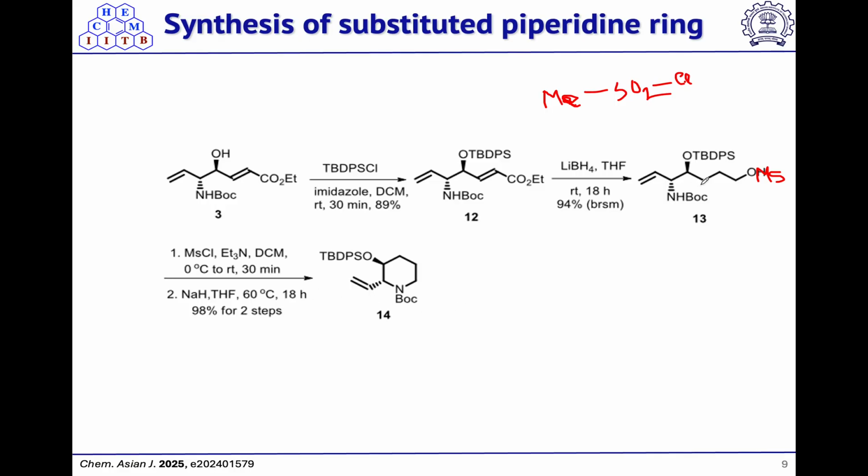Basically, sodium hydride will take a proton from this free amine, and now it will act as a nucleophile. It will add to this carbon bearing the leaving group OMs. So how many-membered ring will form? One, two, three, four, five, six. A six-membered ring will form, and it will give this compound 14, right?